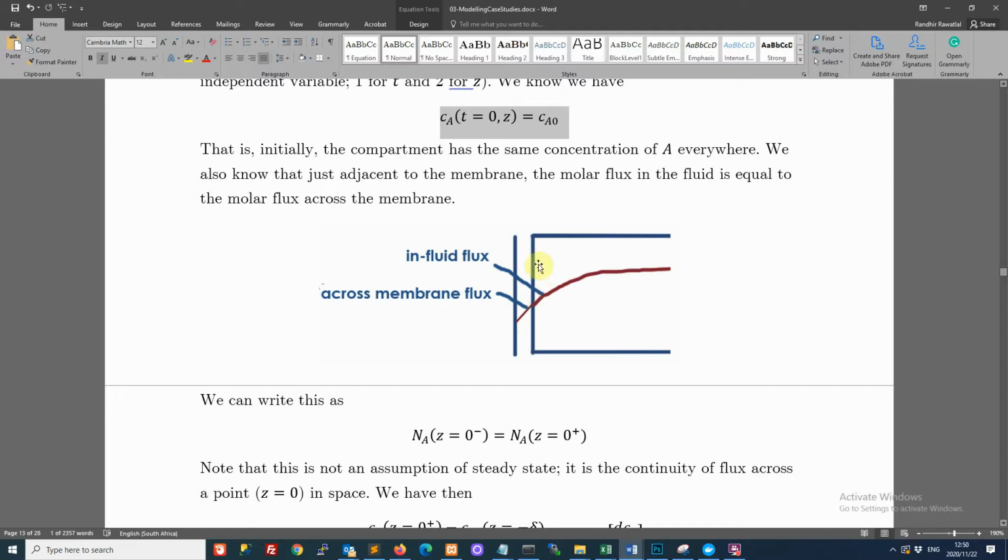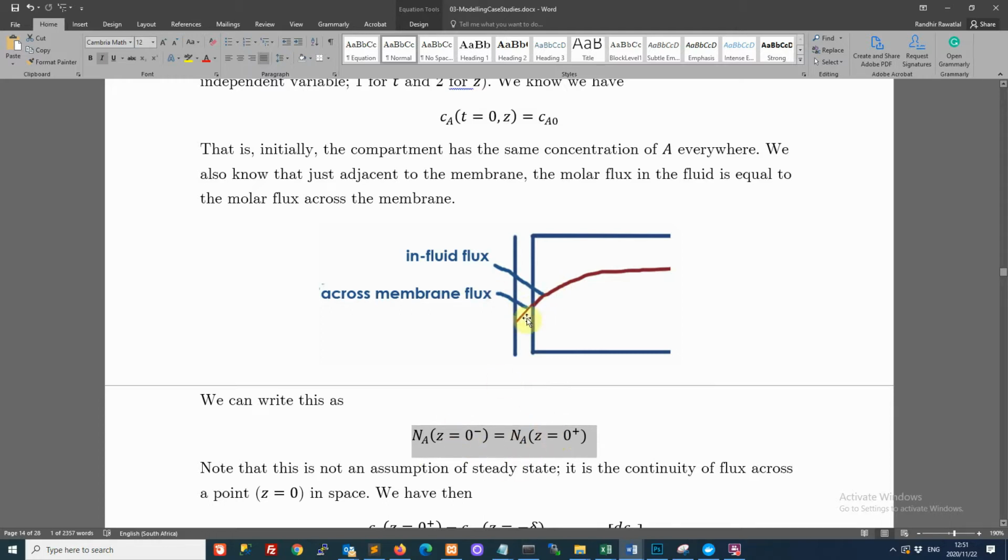We are saying there's no rate of change in the face itself, the right face of the membrane. So the molar flux into the right face must equal the molar flux out of that right face. So that's what we're saying here. The flux in at z equals 0 minus, just to the left of that face, equals the flux out at the right face at z equals 0 plus. So those two fluxes are equal.